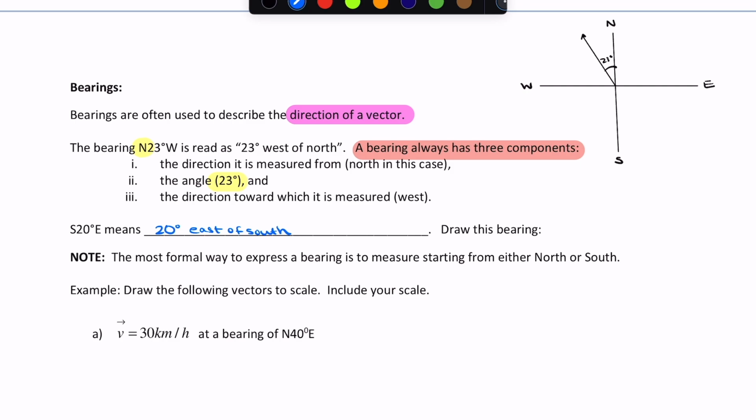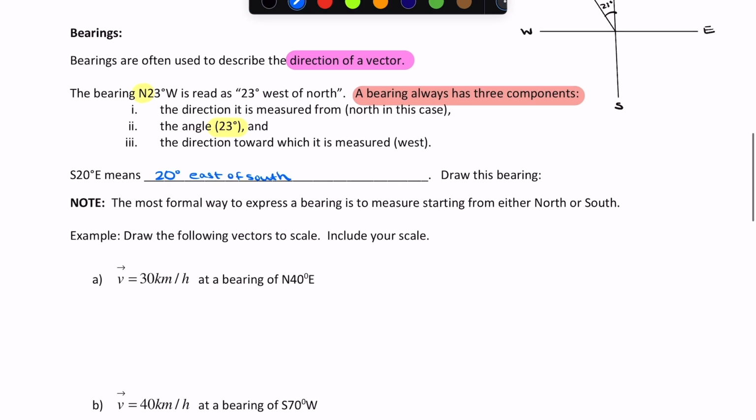If we're going to draw this bearing, again we label north, east, south, and west. Here, this is 20 degrees east of south, so it goes closer to the east from the south. So again, 20 degrees.